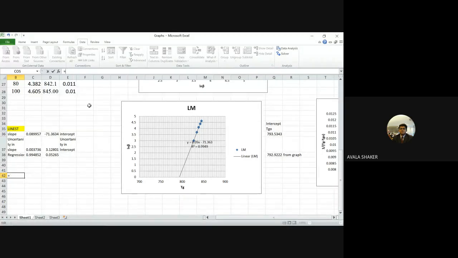For that, I think I need to choose an array. Let me choose an array. Two by two, a 2 by 2 array.